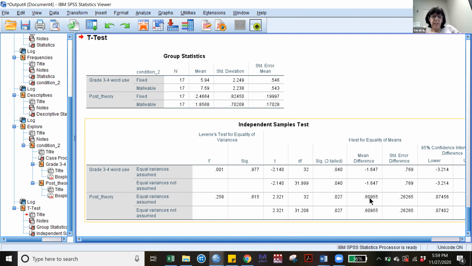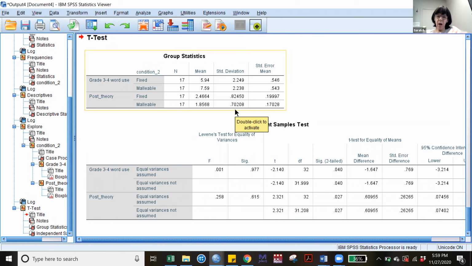Because these standard deviations are quite similar, you can just approximate. So that's 0.61 over somewhere around 0.75. It's about 1 standard deviation. And I'm just taking that off the top of my head.